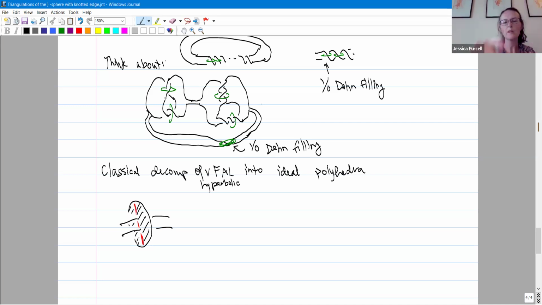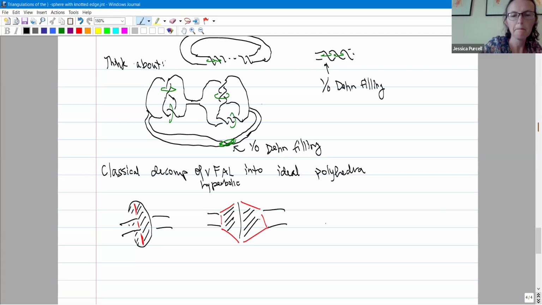So you've got this little two-punctured disc, slice it open and flatten it down. So there are going to be two halves of this. Slice across the projection plane, slice everything open, flatten it down, and this gives you a triangulation.